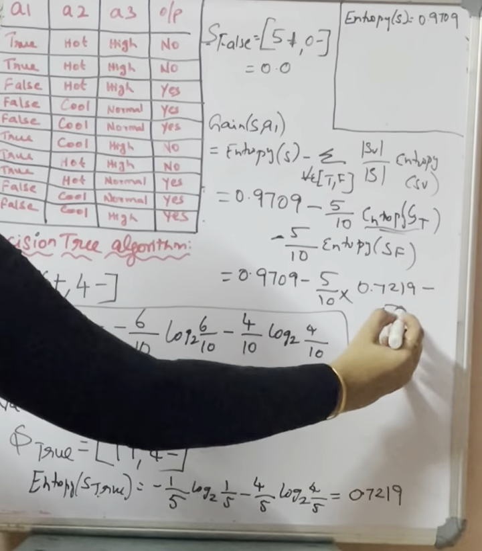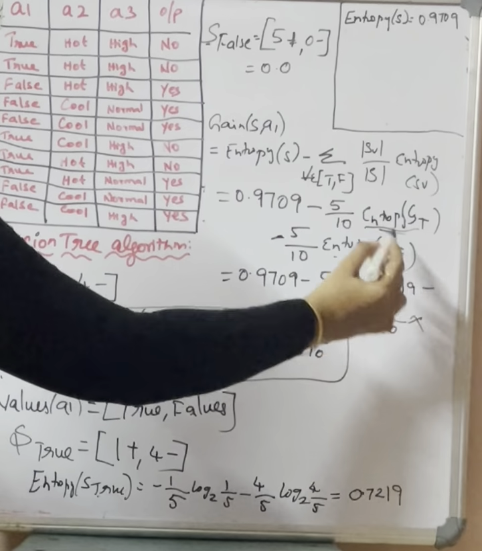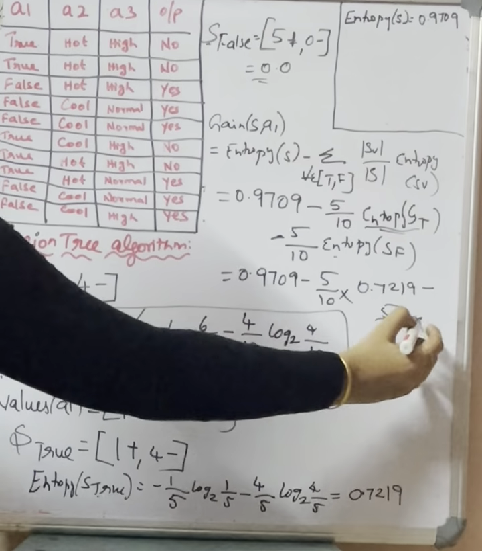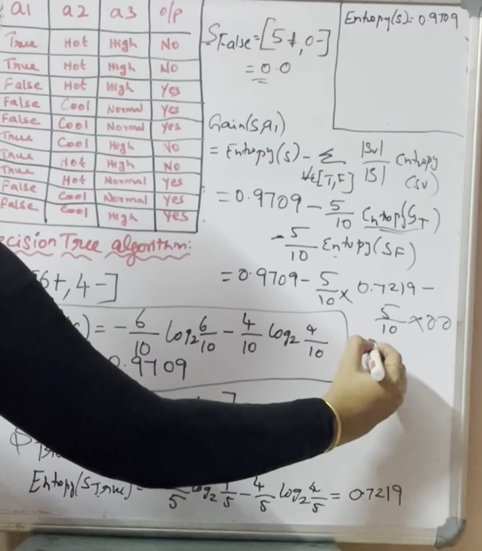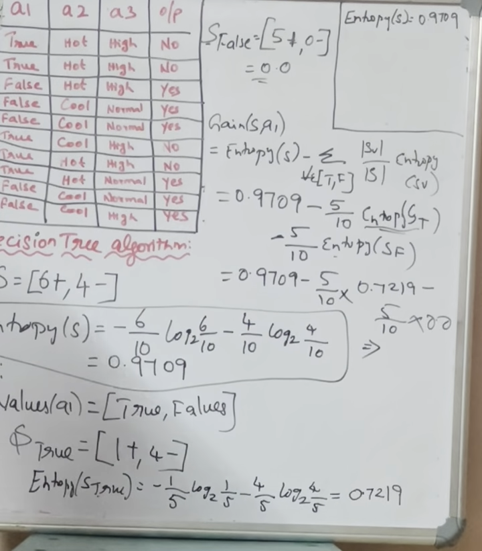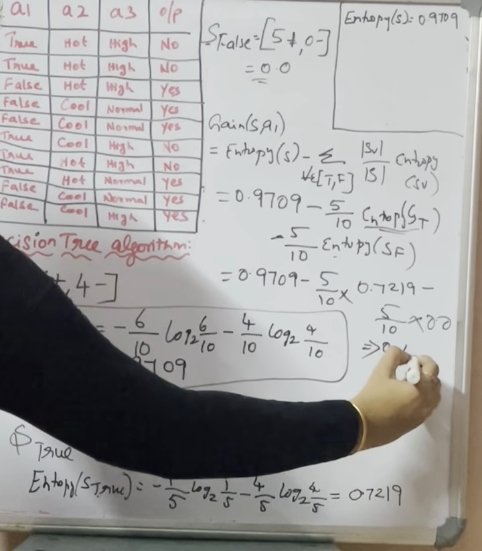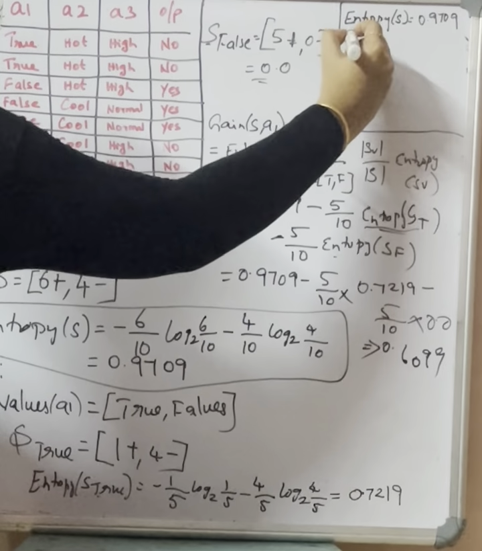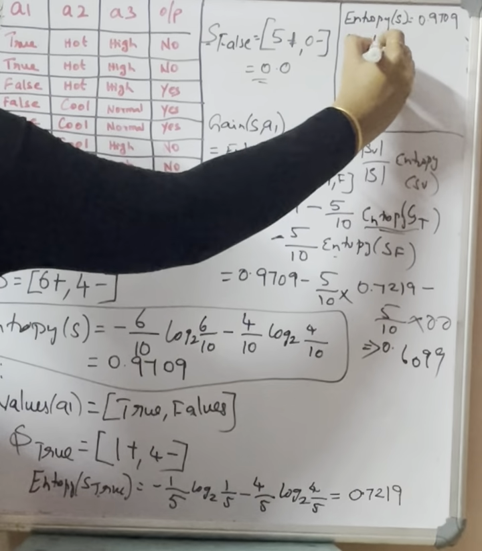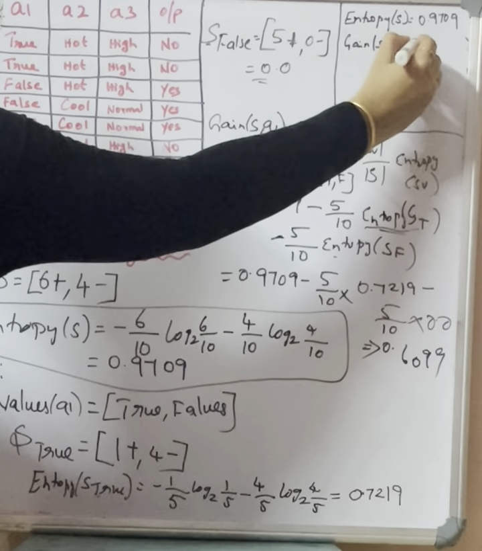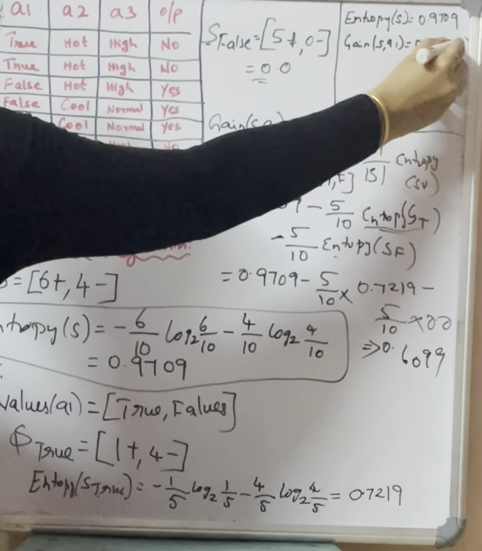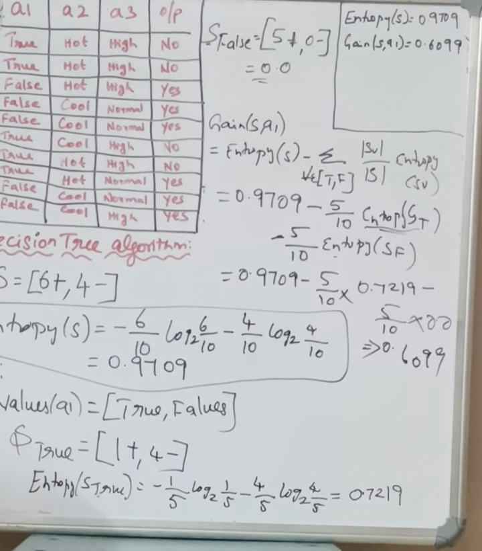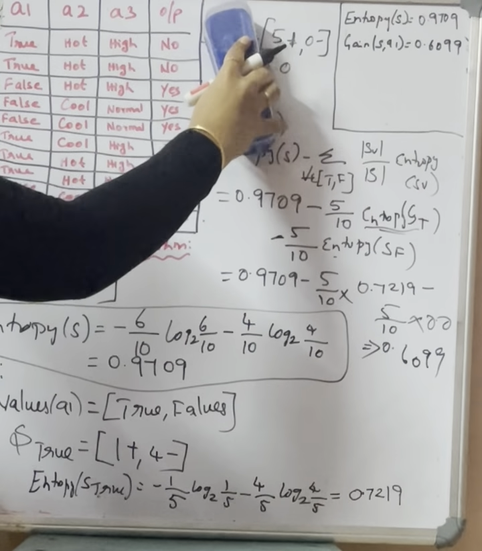And here 5 divided by 10 into the entropy of S false, which is calculated over here, 0.0. So what will be the final answer? It is 0.6099. So the gain of S comma A1 is nothing but 0.6099. This is the information gain retrieved from A1.